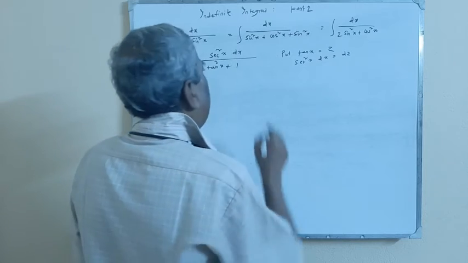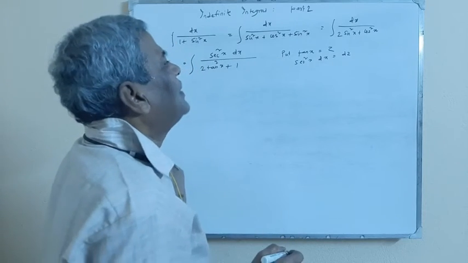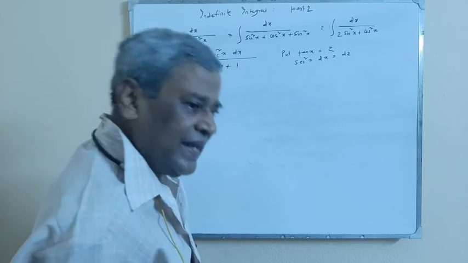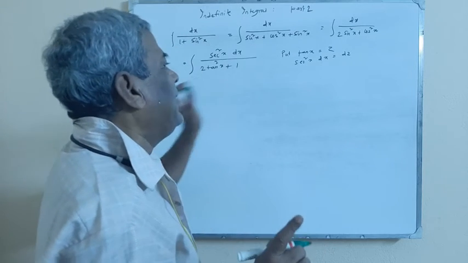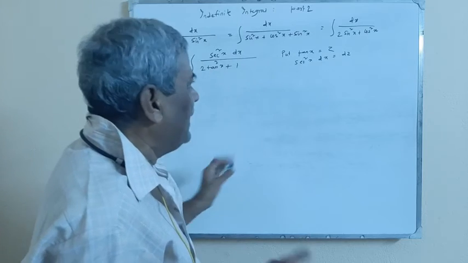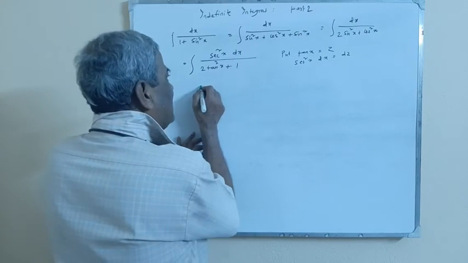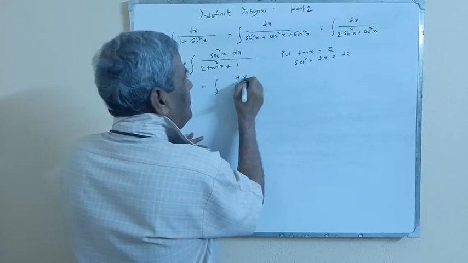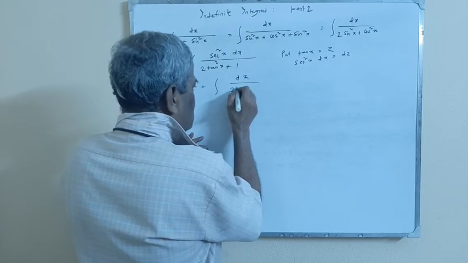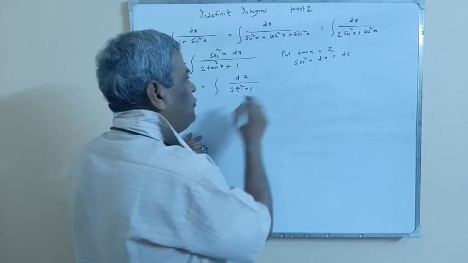This is the case when the denominator can be expressed as quadratic, homogeneous in sin x and cos x. Then only we divide throughout by cos square x, and we get that the derivative is ready, dz by 2z square plus 1, and it has a definite formula.